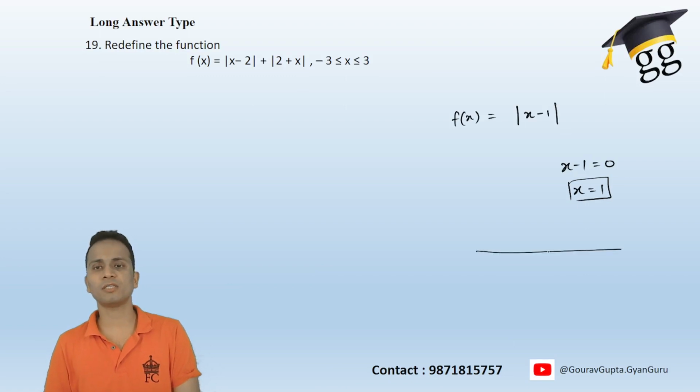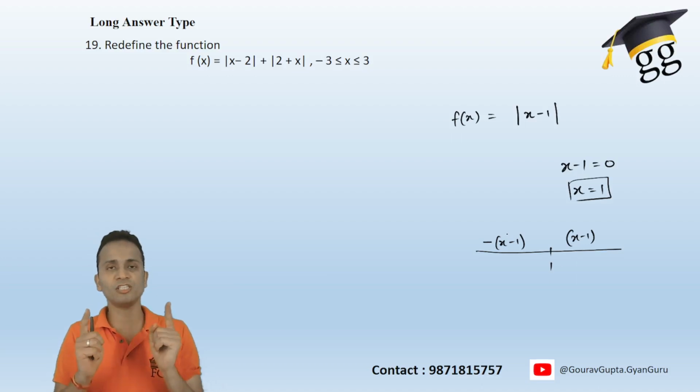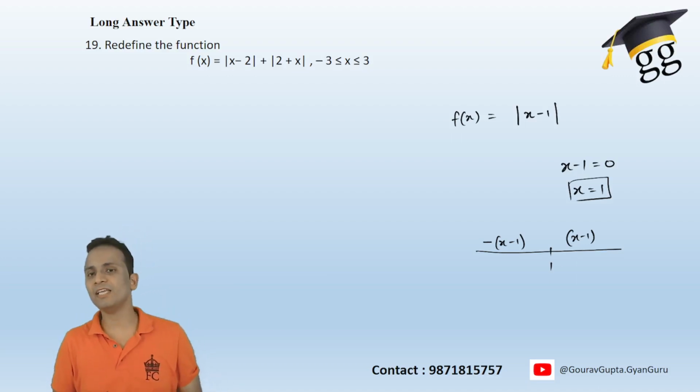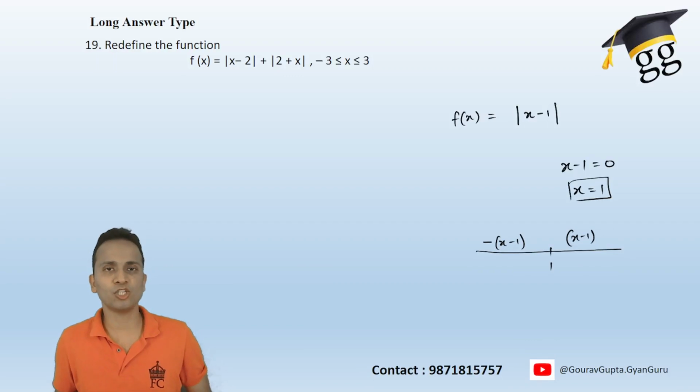So if you plot the point 1 on the number line, so on the right hand side of this point, the value of the function will be x minus 1, and on the left hand side the value will be negative of x minus 1. So this function will change its sign along the point x equal to 1.